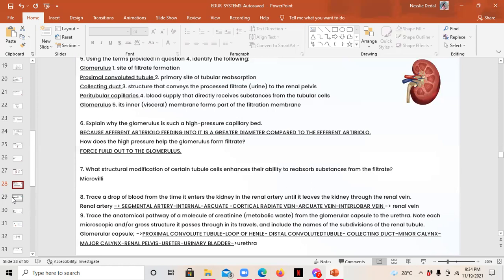Proximal convoluted tubule, loop of Henle, distal convoluted tubule, collecting duct, minor calyx, major calyx, renal pelvis, ureter, and urinary bladder. Next slide.